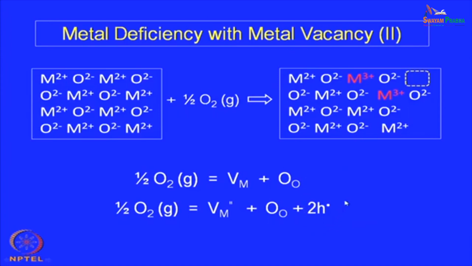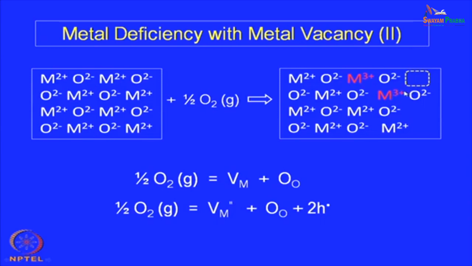They are also mobile species so far as electrical conduction is concerned, but they are holes, a deficiency of electrons. For all practical purposes they have similar characteristics as electrons, except that they have a positive charge while an electron has a negative charge. Those positive charges are getting added to the 2 plus sites.